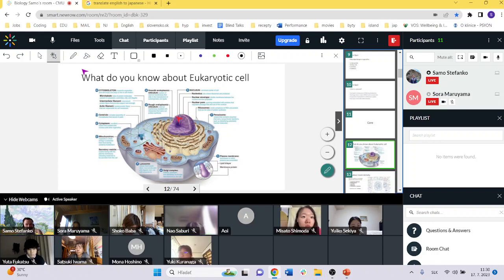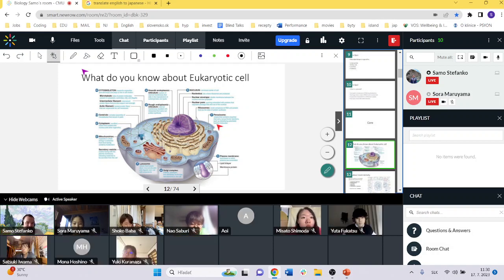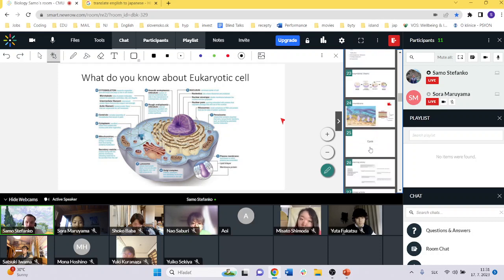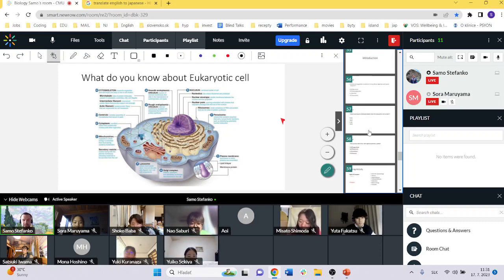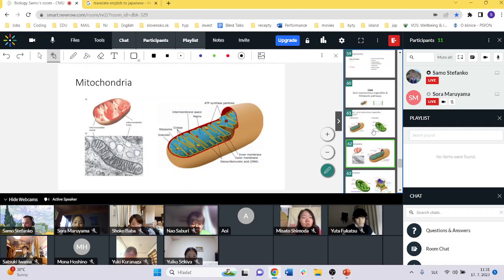Here we have normal eukaryotic cells, but in examples like cardiac muscle cells or liver cells, mitochondria make up 50% of the intracellular space. So almost half of the space inside the cell is made of mitochondria. Liver cells, or hepatocytes, and cardiac muscle cells.